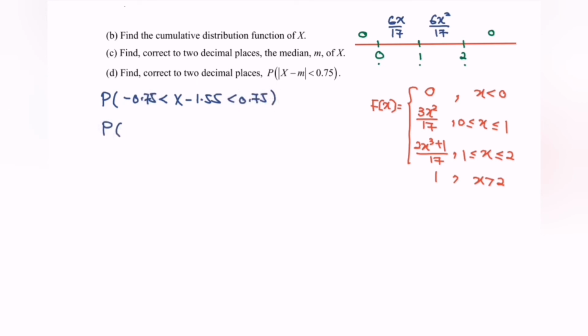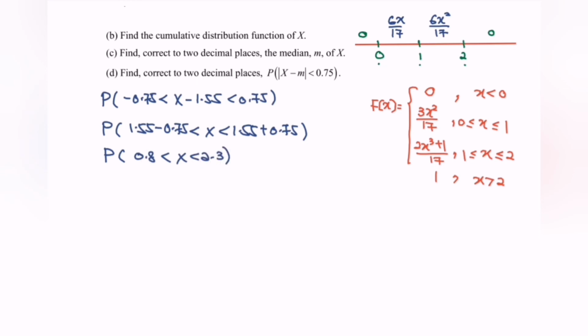So the probability that x is greater than 1.55 minus 0.75, less than 1.55 plus 0.75. So simplify the situation. The probability that x is greater than 0.8, less than 2.3.